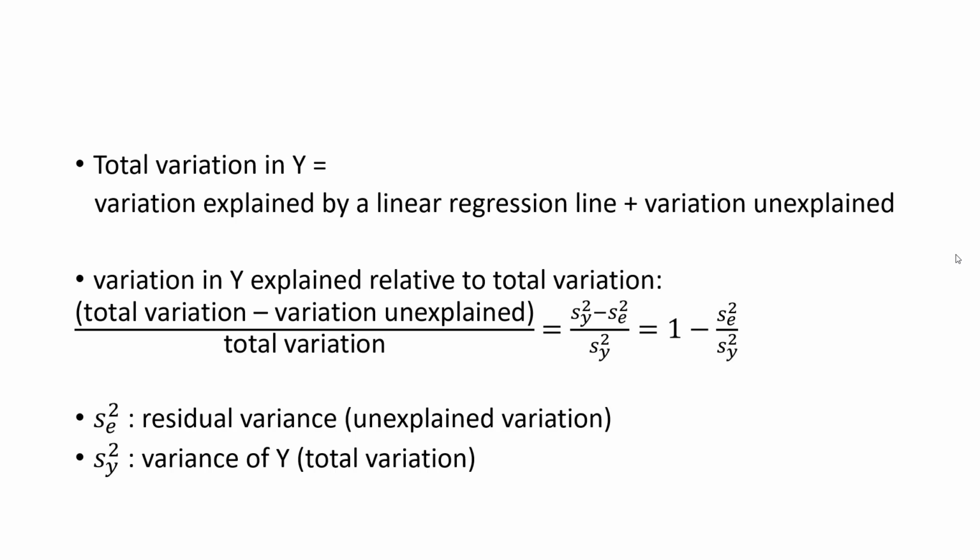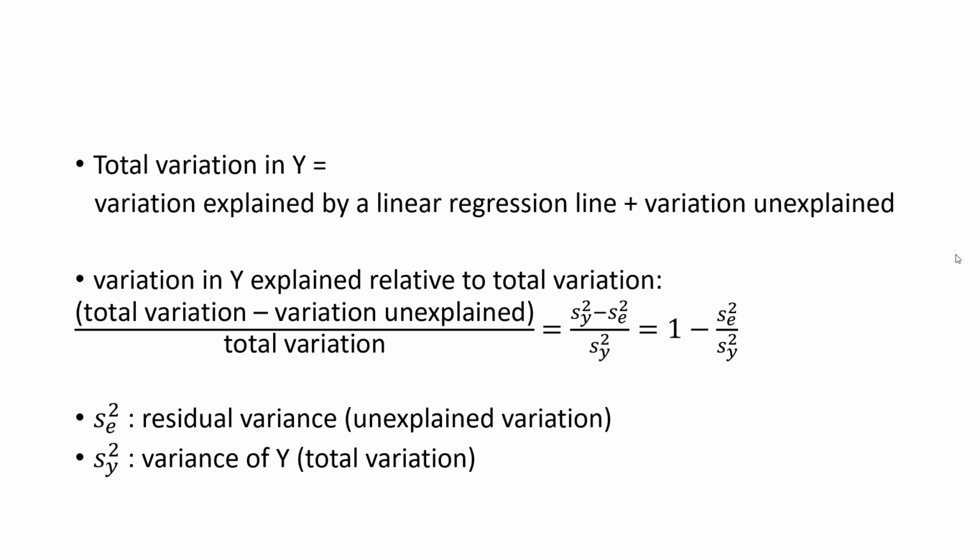Not all values in y are the same. Some are lower and some are higher, and the up and down feature, or its variation, can be measured by variance. You can think of variance as an average distance of each value from its mean.